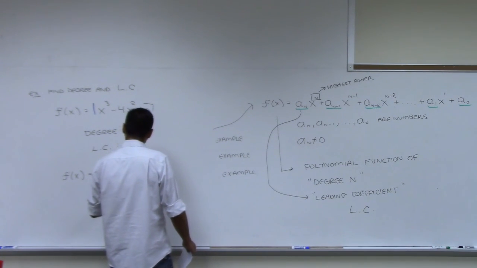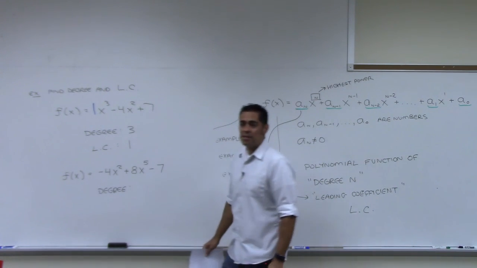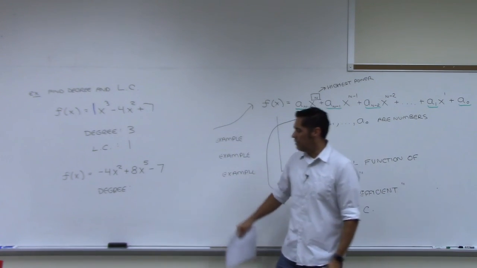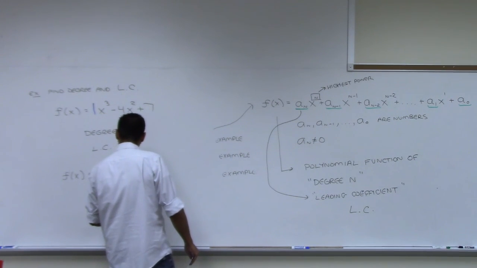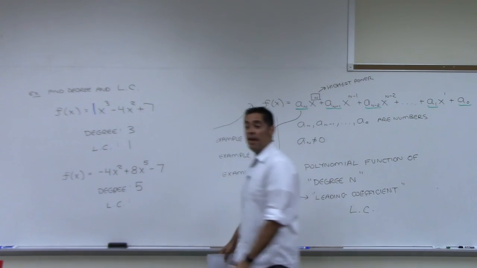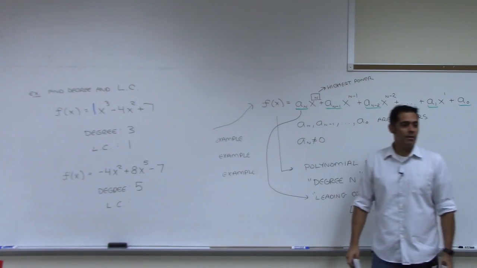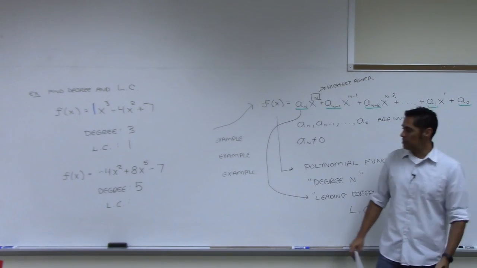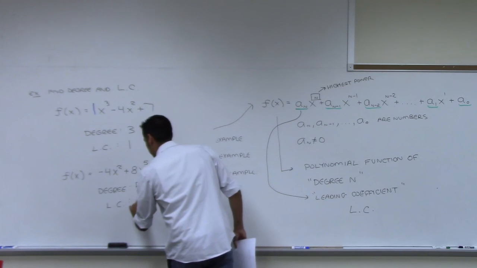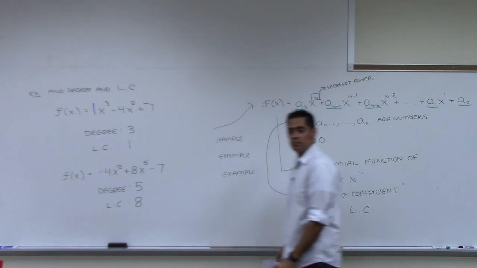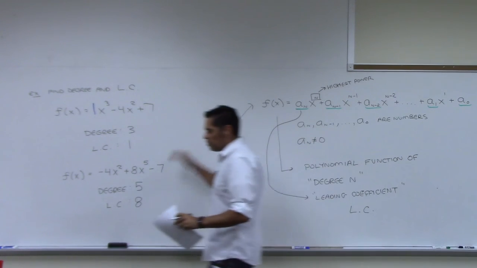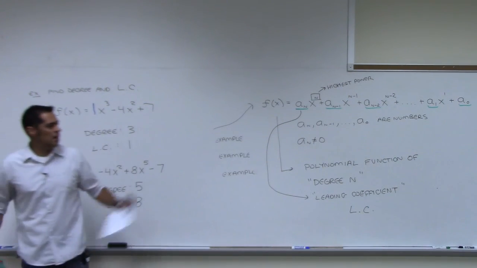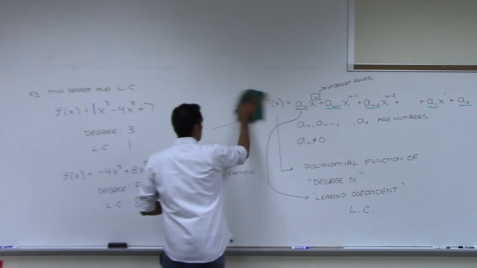I was trying to trick you. The degree is the highest power of x that you see, which is 5. And then what is the leading coefficient? 8. It is the number in front of the highest power of x, so the 8. Yes? Okay. All right, now the reason we're doing this is because of the following thing I'm about to put up here.